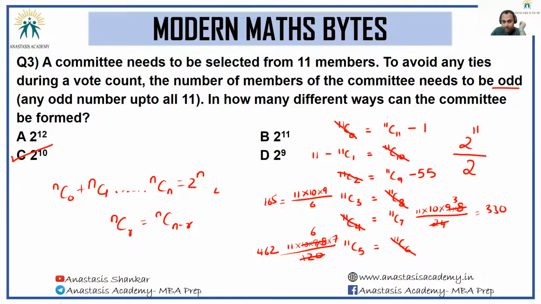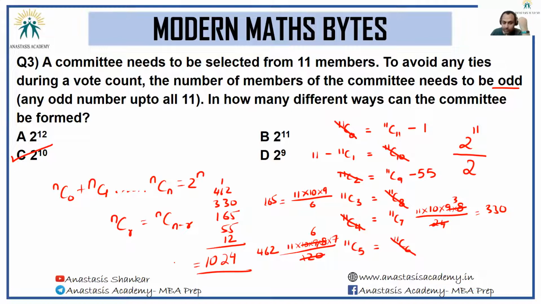So let's do the math. 462, 330, 165, 55, 11 and 1, so 12. So if I add these up, 2 plus 5 plus 5 plus 1, 4, 1 carried over, 1 plus 6, 7, 7 plus 3, 10, 10 plus 2, so 2, 2 carried over, so 1024.